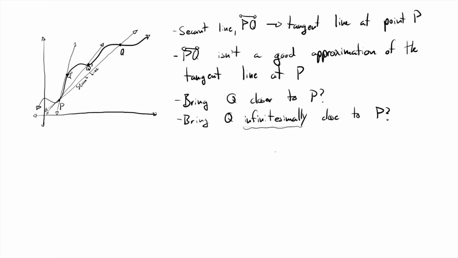But the idea is that they are so infinitesimally close together that they are basically the same point. And in fact, they are so close that the approximation that the line from P to Q gives us is the exact same line as the tangent at the point P. And so that's what limits is all about.